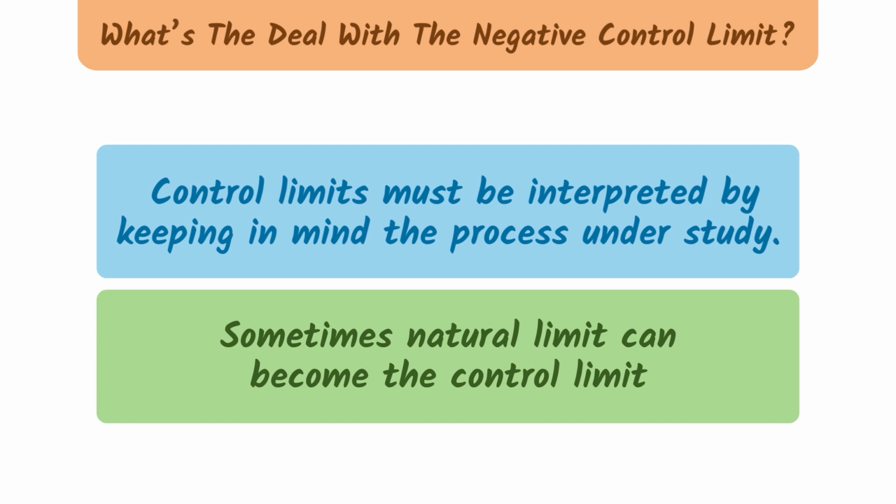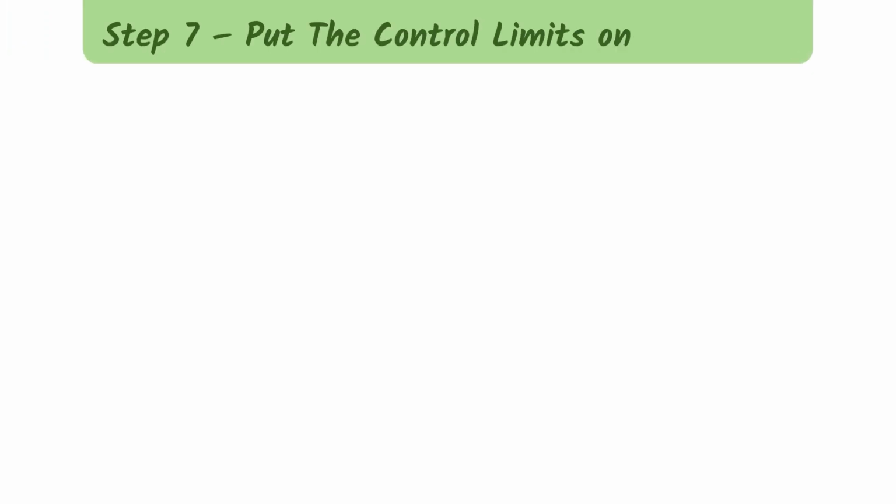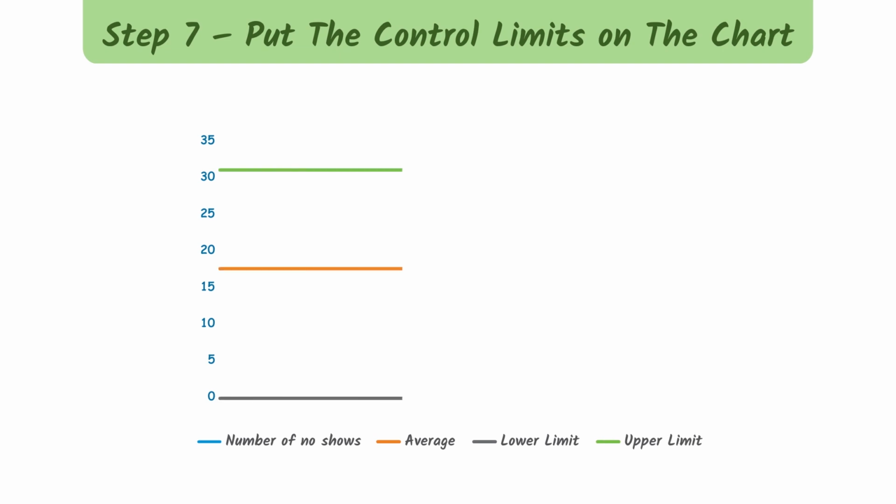It can go to 0. The number of patient no-shows can go to 0, but they will never go negative. That's why for this case, we discard this negative control limit and accept 0 as the more natural lower control limit for this process. So our control limits become upper control limit 31.93 and lower control limit 0.